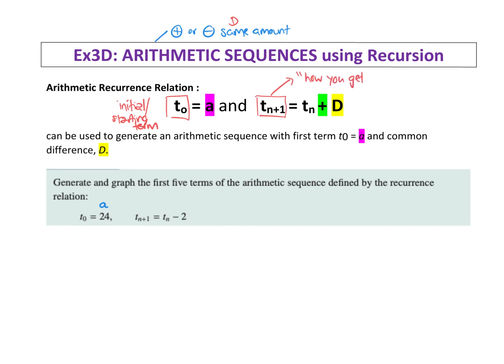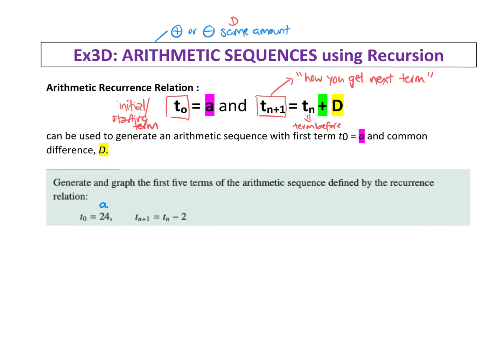So when I see a T little n plus 1, I know they're giving me the rule of how I can get the next term in the sequence. And what I do is I take the term before and I then add the common difference, which is the D, which was what we looked at yesterday.